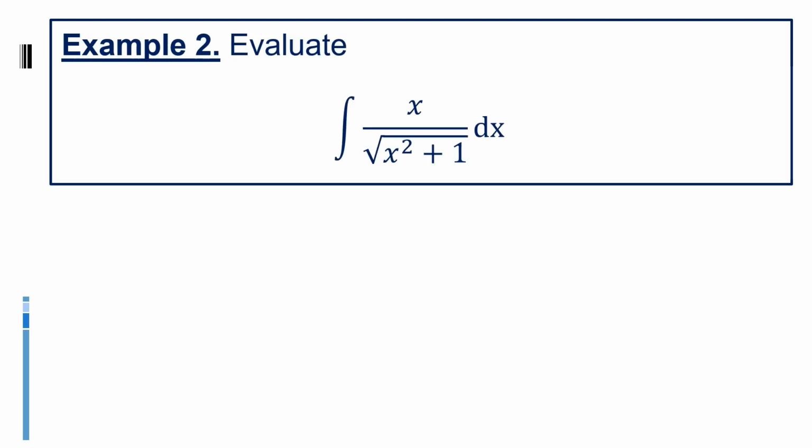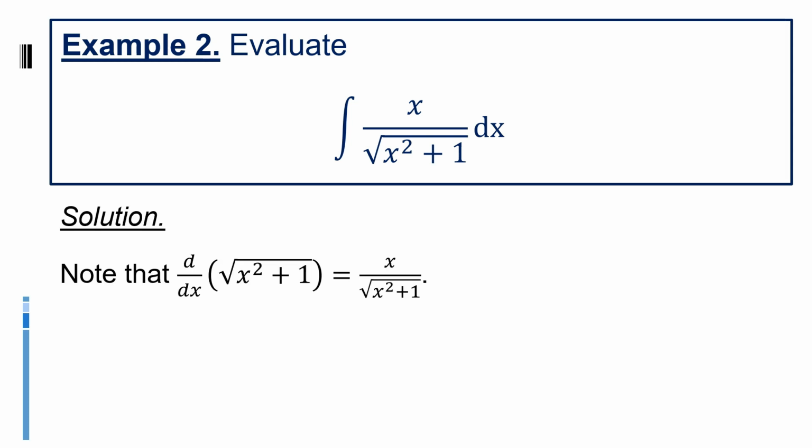Now, let's evaluate the integral of x over square root of x squared plus 1 dx. So, for our solution, note that yung derivative ng square root of x squared plus 1, yun yung sa example 1 natin kanina, is just equal to x over the square root of x squared plus 1.